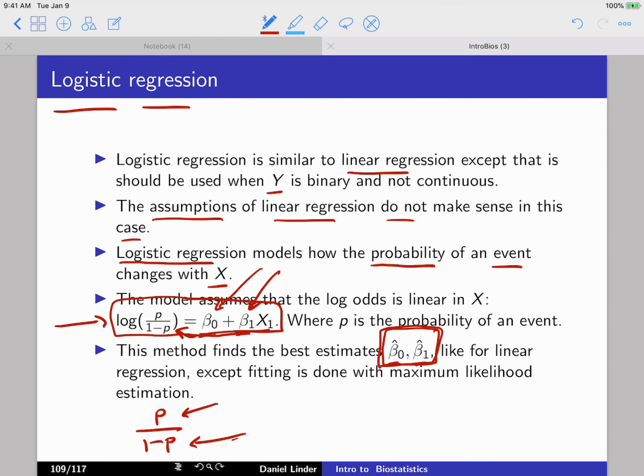So it's like linear regression in that way, except the fitting is done not with least squares, but with so-called maximum likelihood estimation. It's not important for you to understand anything about maximum likelihood estimation. What's important is that you understand that you have a model with parameters in it for logistic regression, and you get estimates of those parameters in some way based on the data. Okay?